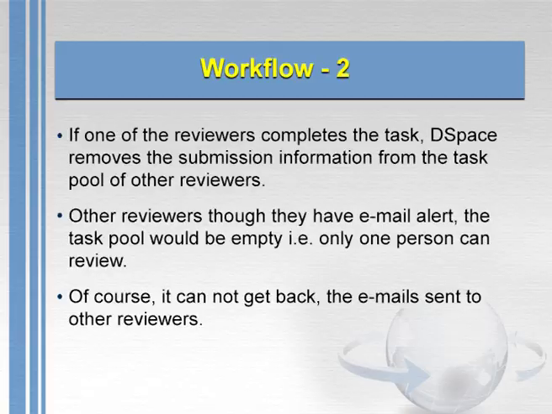But in the case of DSpace, the process is slightly different. That is, if one of the reviewers takes a decision of rejection or modification or acceptance, the other reviewers practically have no chance to review the publication.